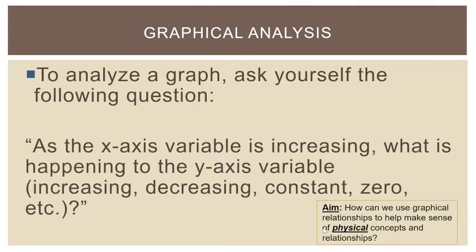Is it increasing? Is it decreasing? Is it constant? Is it zero? And if it's increasing or decreasing, is it increasing at a constant rate? Is it increasing at a changing rate? Et cetera, et cetera. Take a second to pause this video to write that down because that's super important, because we are going to be reading graphs all year long.